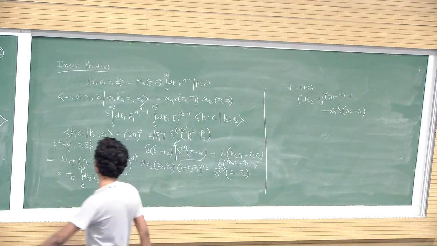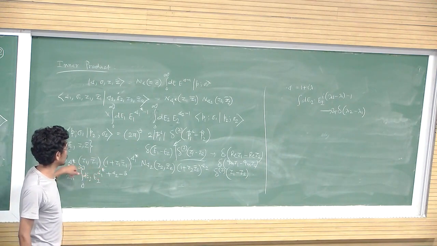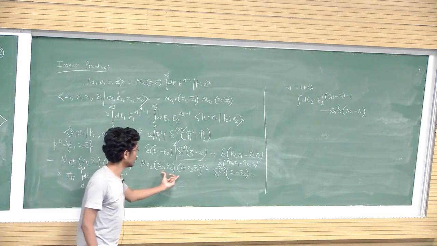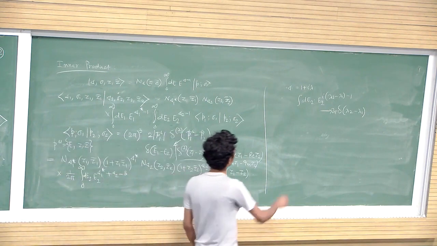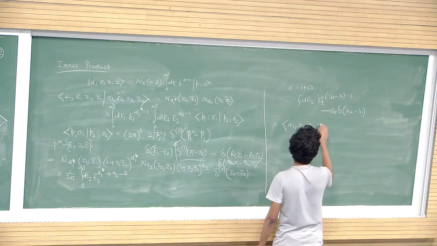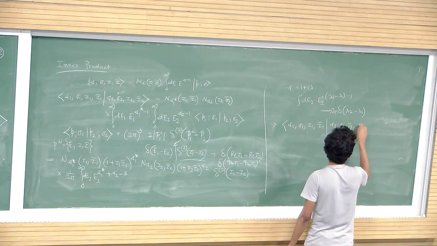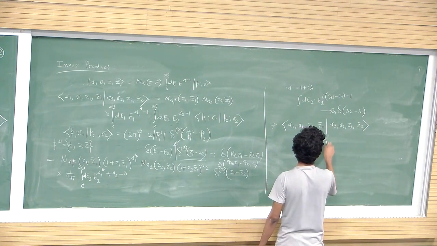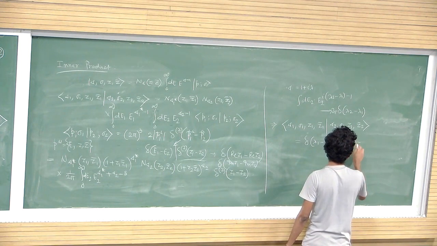So if I choose this normalization factor n delta 1 Z1 bar as 1 over 1 plus Z1 bar to the delta 1 plus, then this thing and this thing will cancel, and from here you are getting 2 pi times the delta function. Hence the inner product is delta of lambda 1 minus lambda 2 delta 2 of Z1 minus Z2.